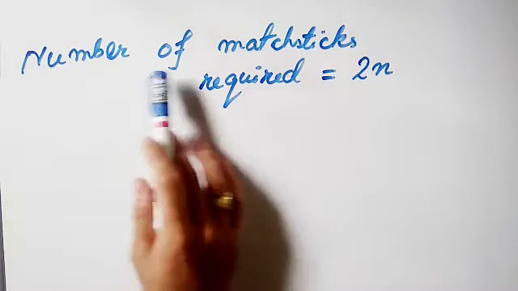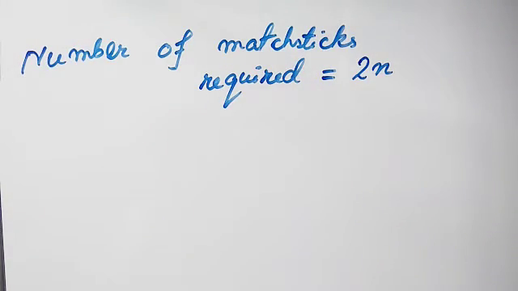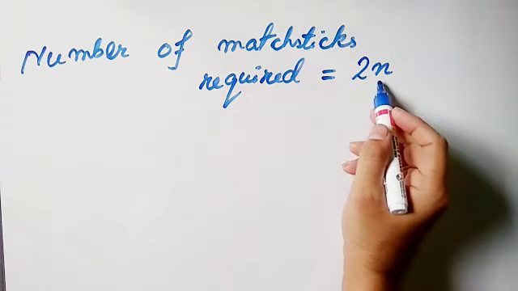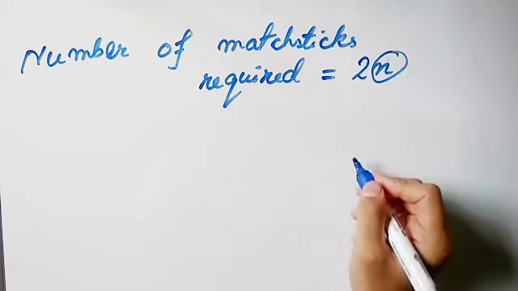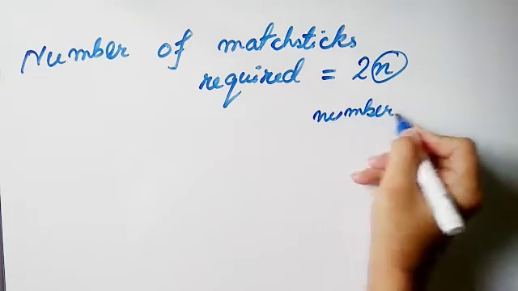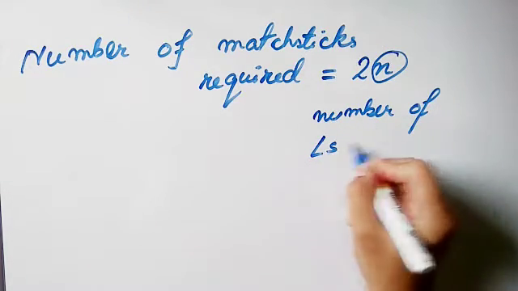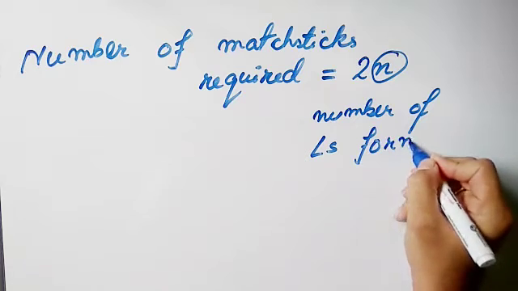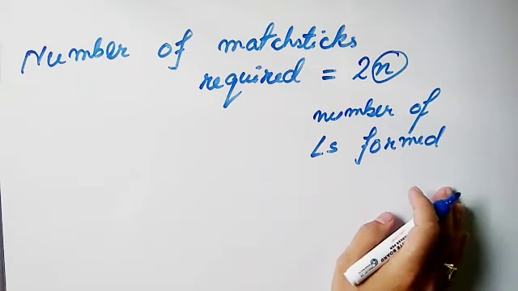So students, the number of matchsticks required for the L shape is given by twice n, right? And this n, the variable n, denotes the number of L's formed, right? So we have studied this in the last video.